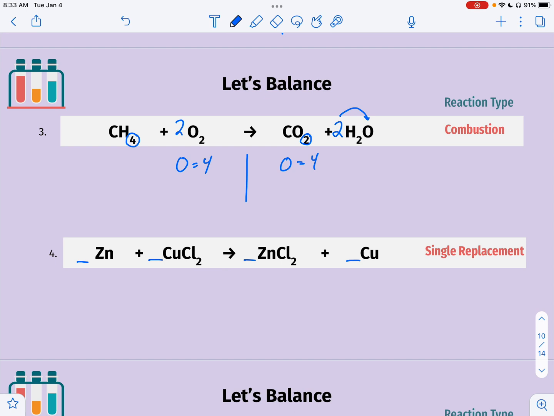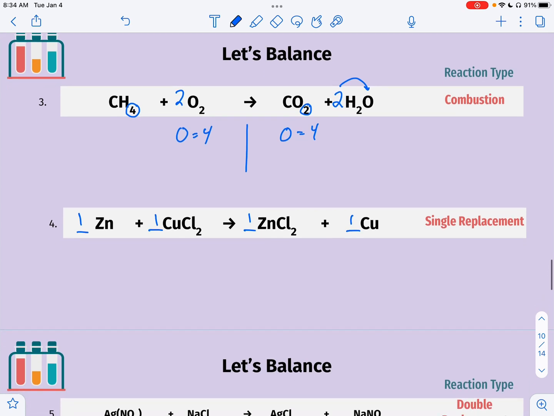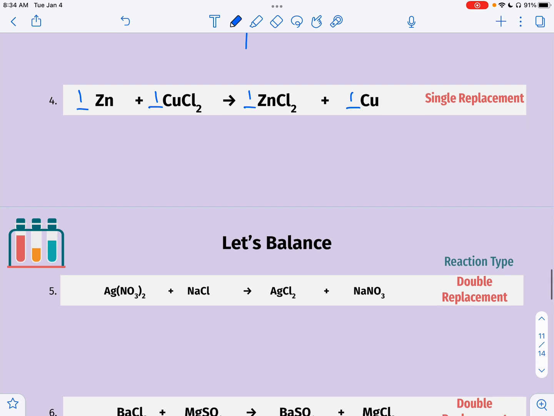So if I look carefully, there's 1 zinc on both sides, so I can just put a coefficient of 1 in front of that. That means there's 1 times the 2 chlorines, so there's 2 chlorines. Oh, there's 2 chlorines on the other side, great, and 1 copper. So going back and forth, I balance this by just adding a 1 in front of all the coefficients. All right, awesome.